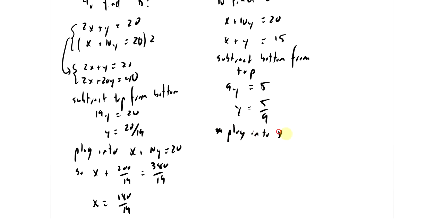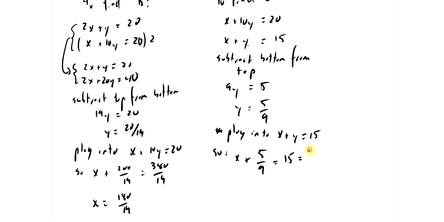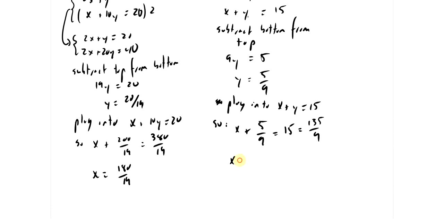Now we can plug this into x plus y equals 15. So x plus 5/9 in for y equals 15. But 15 is 135 over 9. So x equals 135 minus 5, 130 over 9.